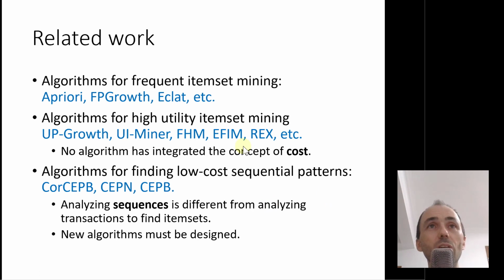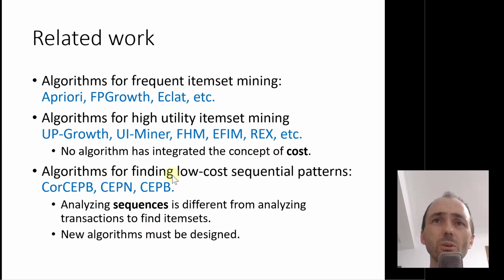Okay, so there have been a lot of papers on pattern mining to find the frequent item sets, the high utility item sets also. But all these algorithms don't have the concept of cost. So how to add the cost in this?